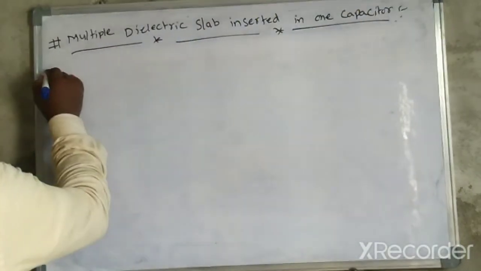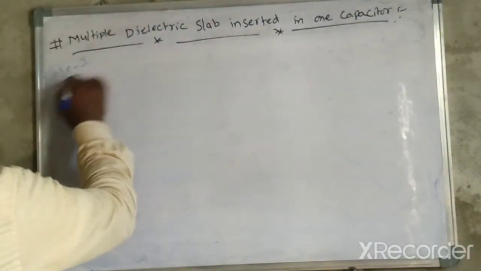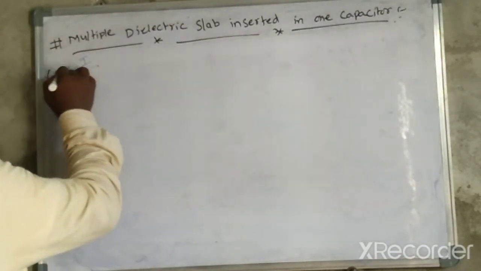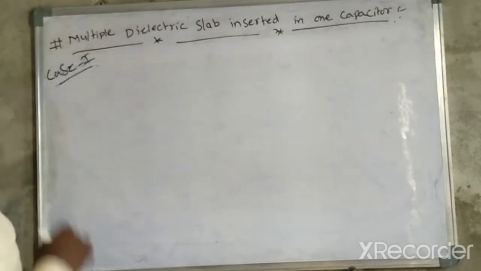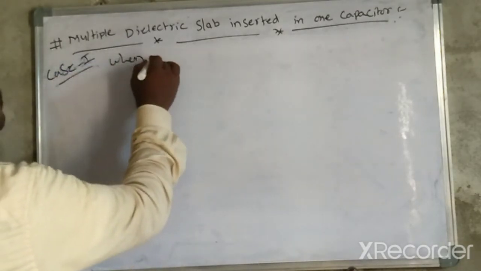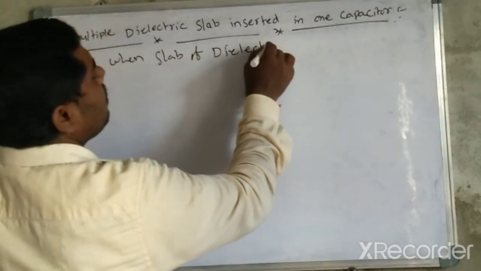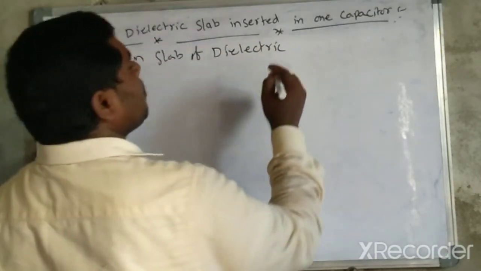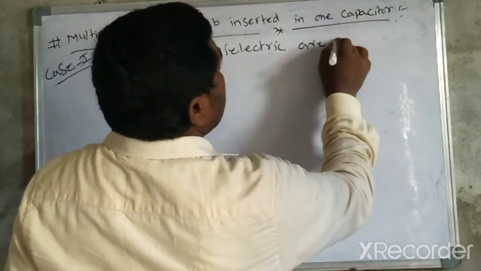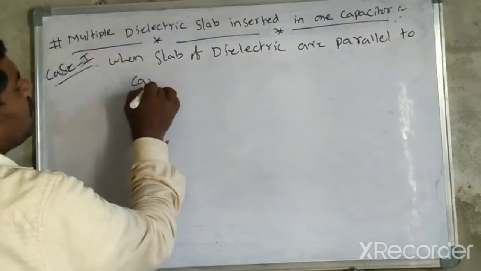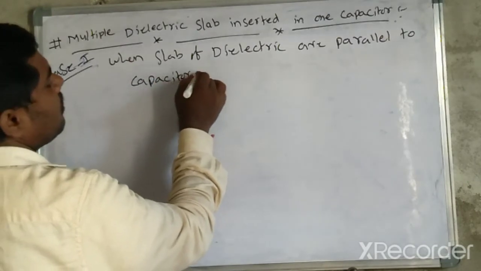So in the first case, case number one, when slabs of dielectric are parallel to the capacitor plates.